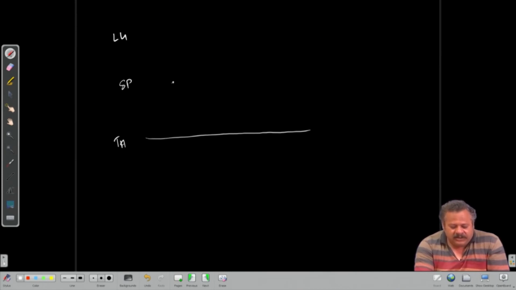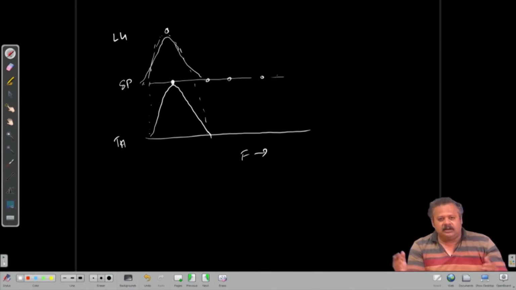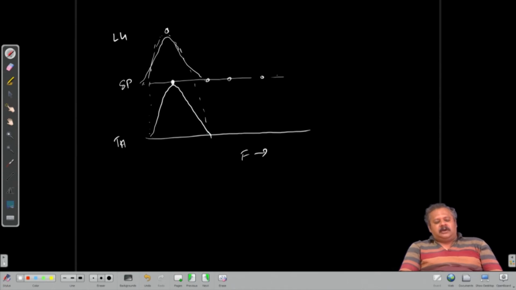If the thalamus now projects to the subplate from multiple frequencies, multiple regions of the frequency axis, and the same is projecting to layer 4 neurons, but with weaker synapses, and the subplate layer is also projecting with some profile in terms of convergence onto one neuron in layer 4.